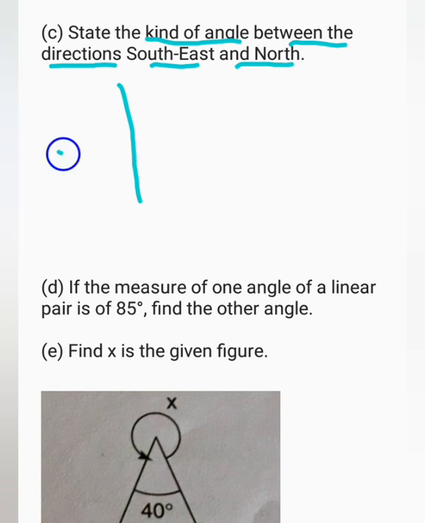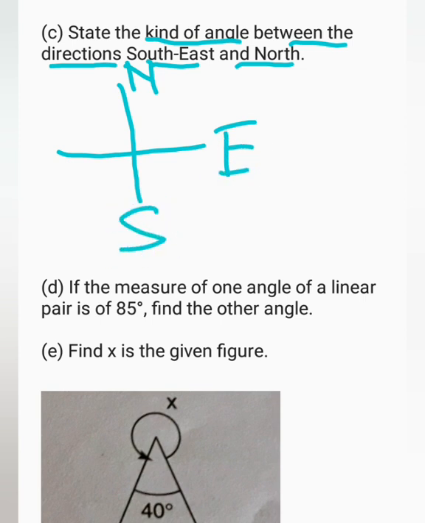Now the next question, state the kind of angle between the directions southeast and north. These are the directions: this is north, east, south and west. Suppose north is 0 degree. If we rotate towards east, it is 90 degree.